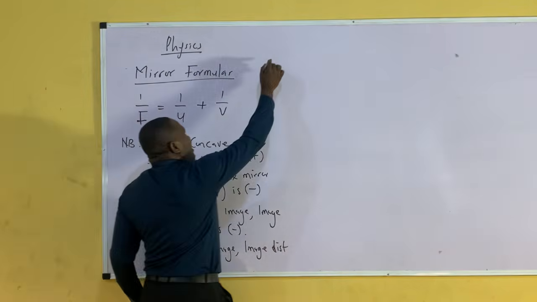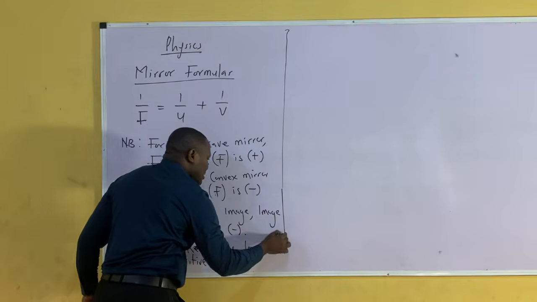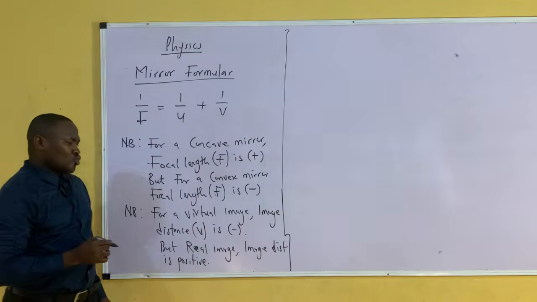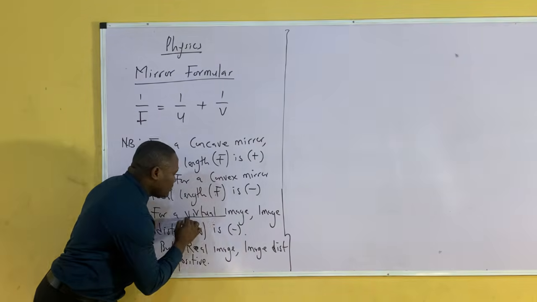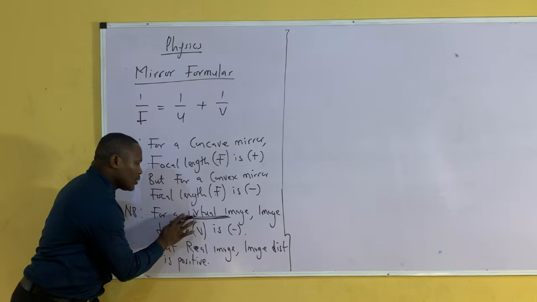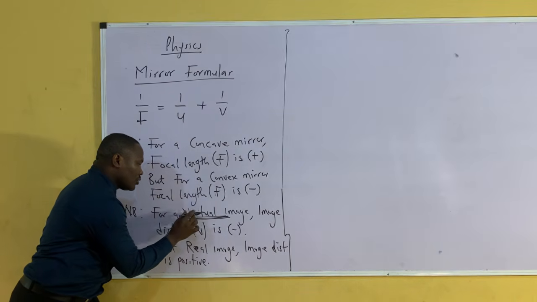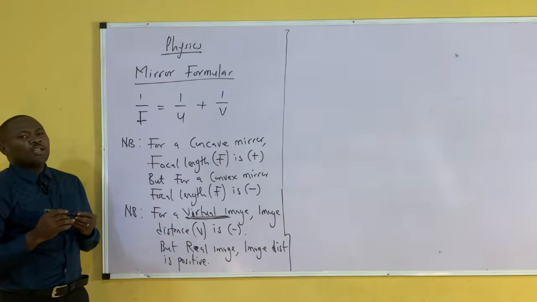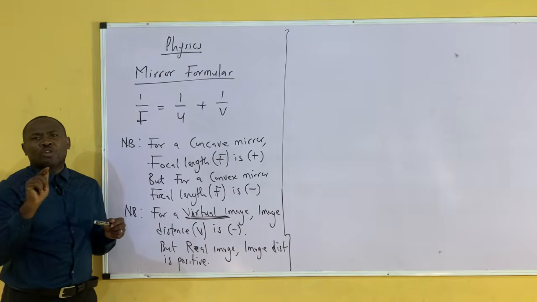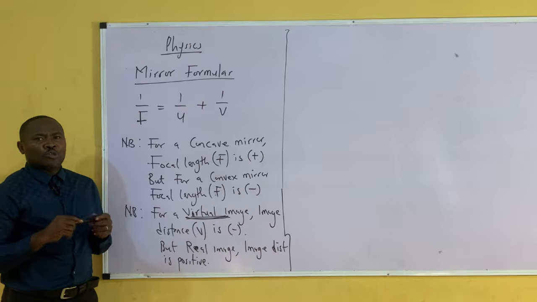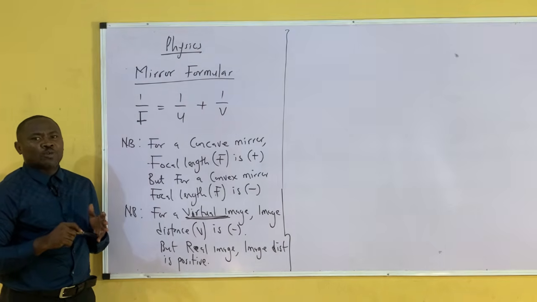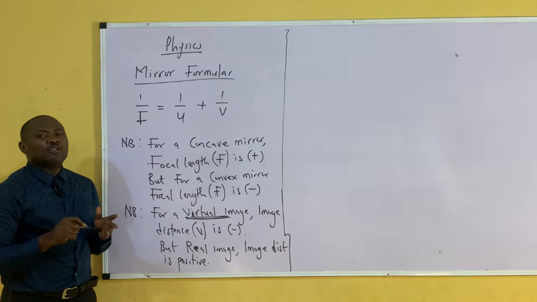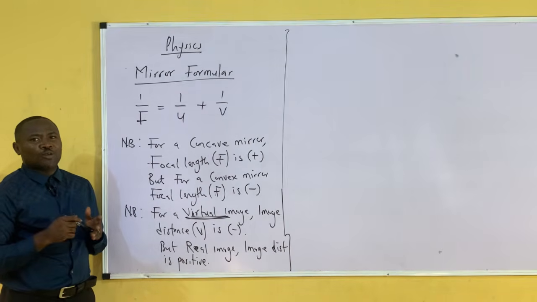Now, it might be something that you want to be confused. The word virtual might not be mentioned in the question. What should be the other words you should look out for? Look out for the words an upright image. Look out for the words an erect image. Look out for the words an image formed behind the mirror.